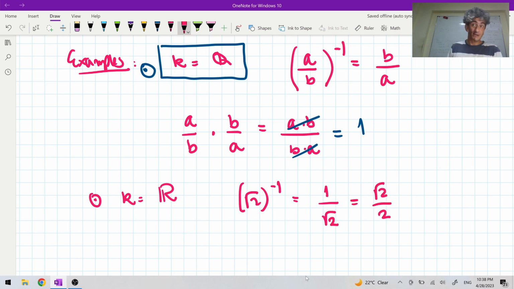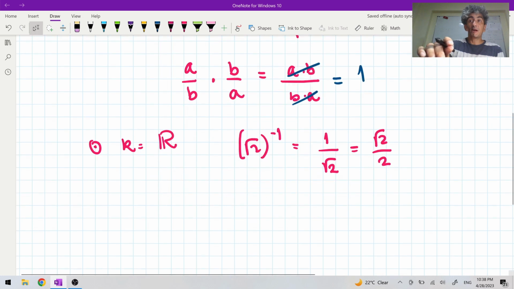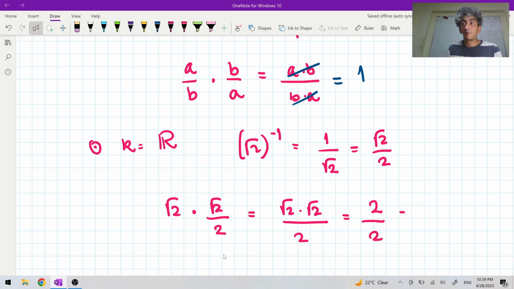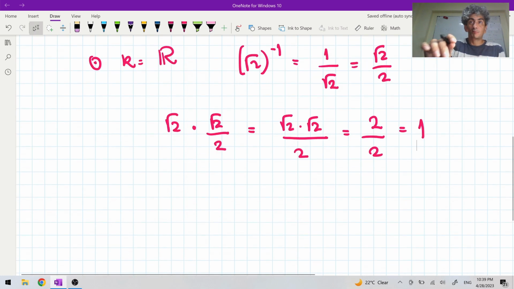If you multiply square root of 2 times square root of 2 over 2, what you get is square root of 2 times square root of 2 over 2, and this is by definition 2 over 2, which is 1 after simplification.